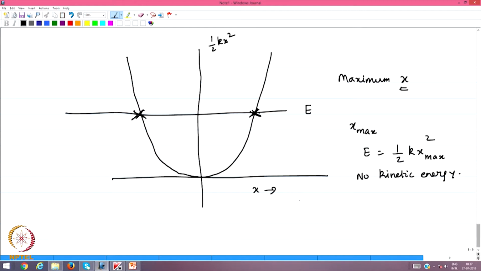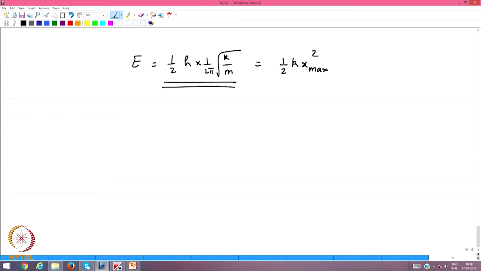For the ground state, E is half h nu, and E is half h into 1 by 2 pi square root of k by m, that is half h nu, and that is equal to half k x max square. This is what is meant by the entire energy of the oscillator being, in the quantum mechanical case, in the limit of this oscillator behaving classically.